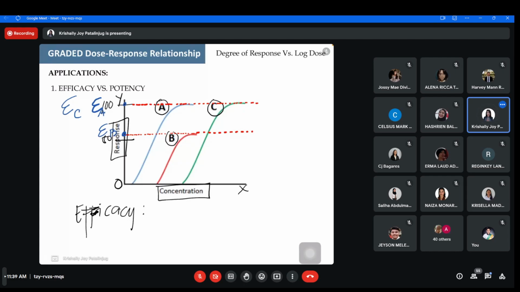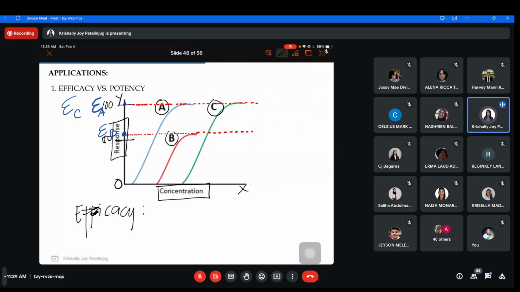Okay? Now, if you will be asked what will be the order of efficacy from most effective to the least effective one? We could tell, pwede nating ma-rationalize dito na drug A is equally or has the same efficacy with drug C. And greater yung efficacy nilang dalawa kay drug B, based dito sa plotted graph nila.